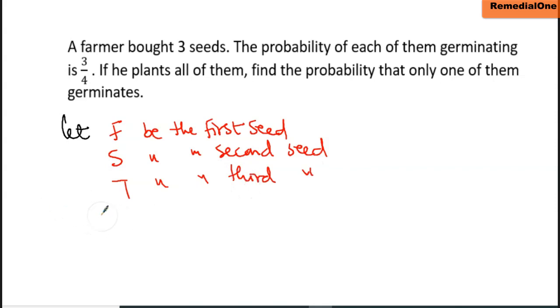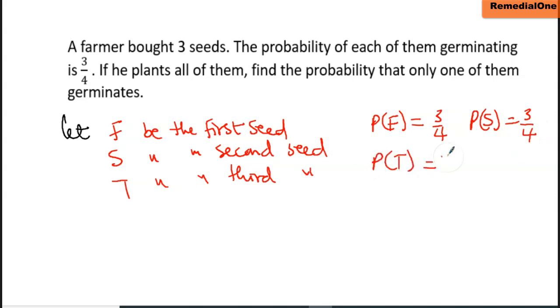Okay, now from the question, the probability that the first seed will germinate is 3 on 4. Probability that the second will pass is 3 on 4. Then the probability that the third will pass will also be 3 out of 4.